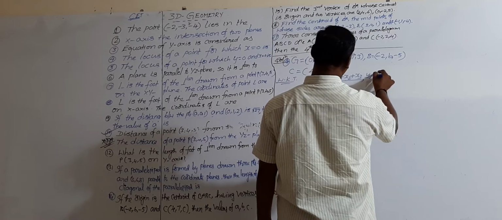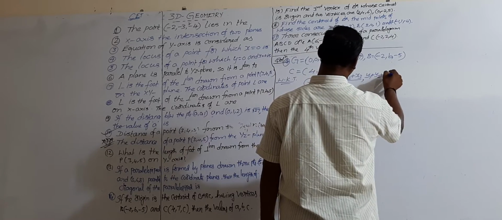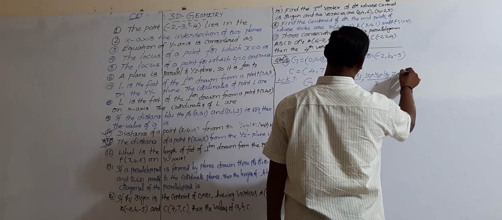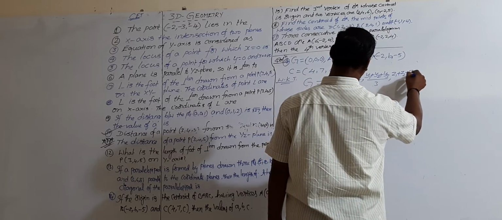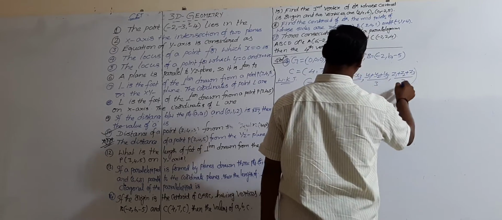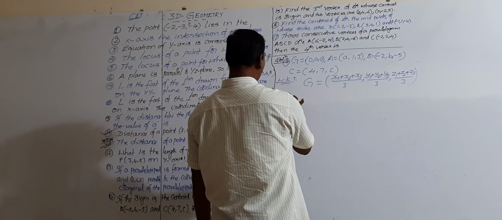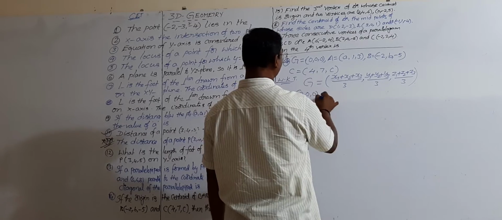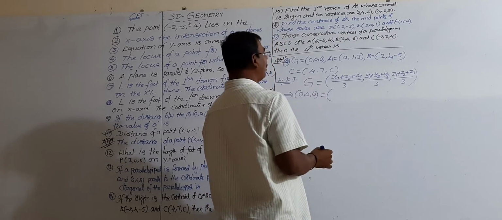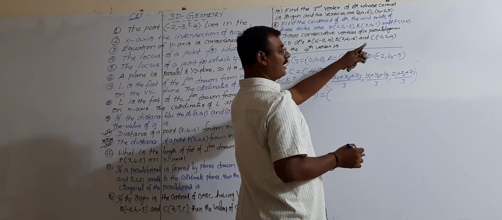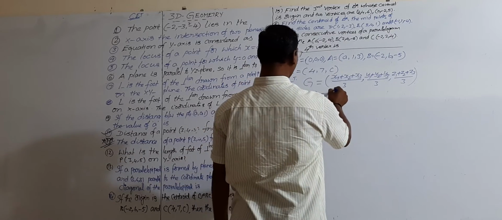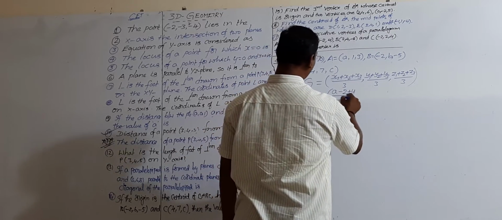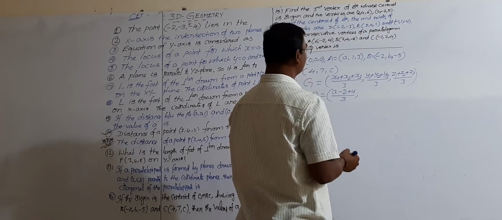y1 plus y2 plus y3 divided by 3, z1 plus z2 plus z3 divided by 3. Substitute here, centroid is 0, 0, 0. Sum of the x coordinates: a minus 2 plus 4 upon 3.